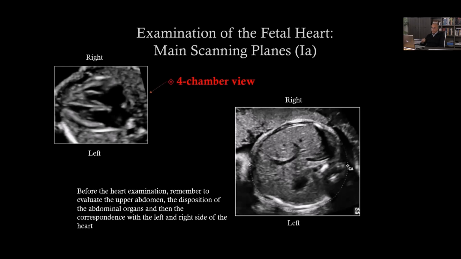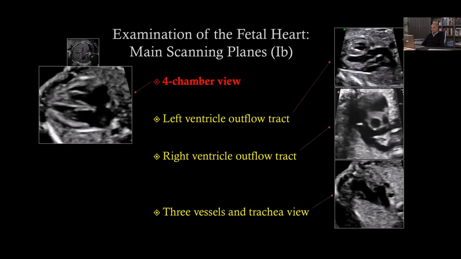So the left of the heart should be in correspondence with the left side of the organs in the abdomen, and the same for the right side. This is very important in some cases of isomerism in order to make the diagnosis in challenging situations. So you can see here the main scanning planes that we can evaluate after the evaluation of the upper abdomen.